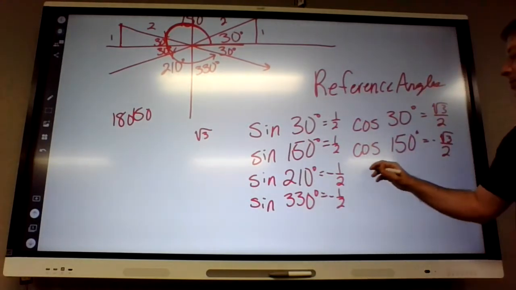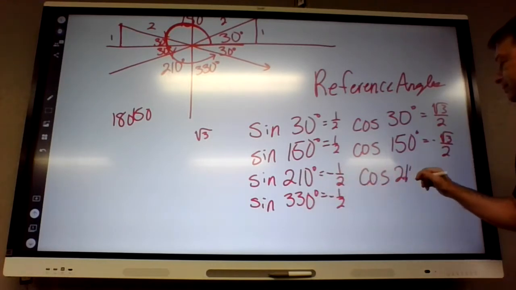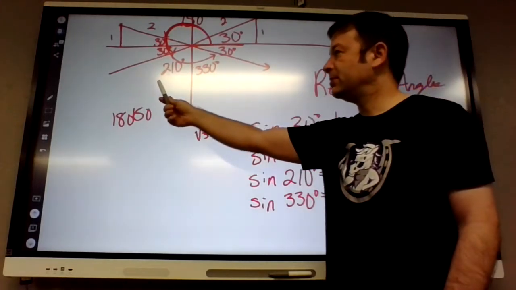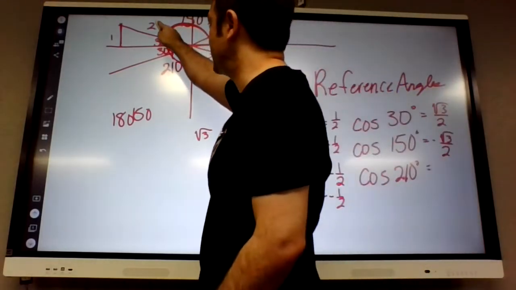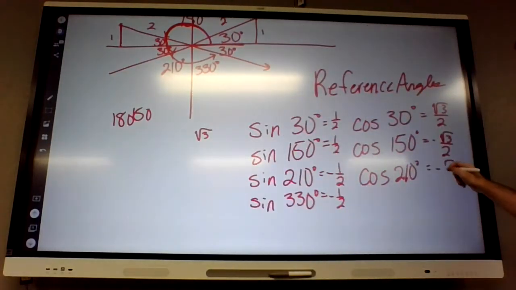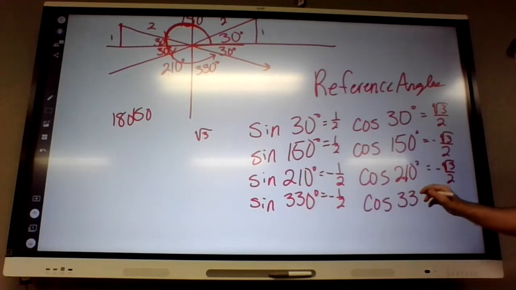Okay, so if I plugged in cosine of 210, cosine is based on x, so cosine is negative here and here, second and third quadrant. So it would also be the same as that one. And if I plugged in cosine of 330, it would be positive because in the fourth quadrant, cosine is positive.